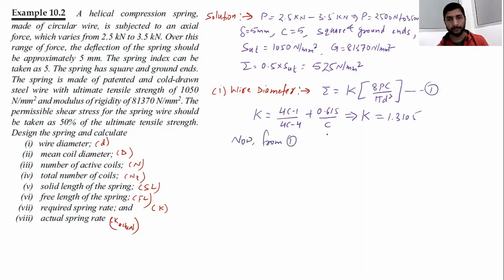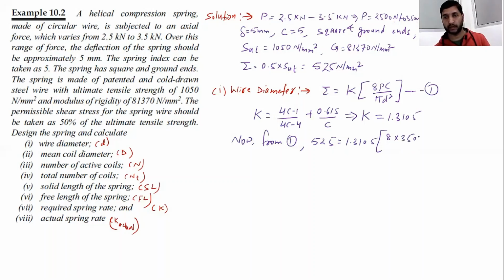So now from equation 1, you are getting tau as 525 will be equal to K, 1.31058, into P. See, P we are now calculating the wire diameter of the spring, so you need to take the value as maximum force, which is out of 2500 to 3500 Newton. So maximum force is 3500 Newton.